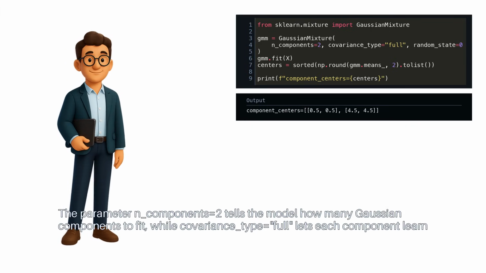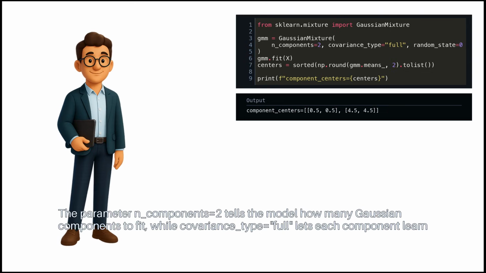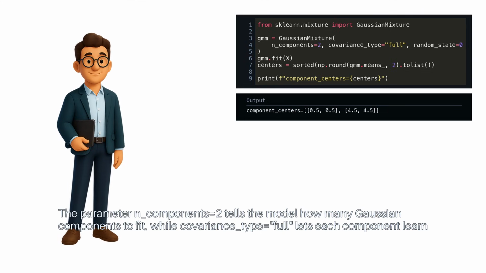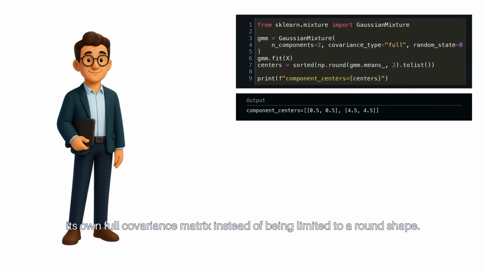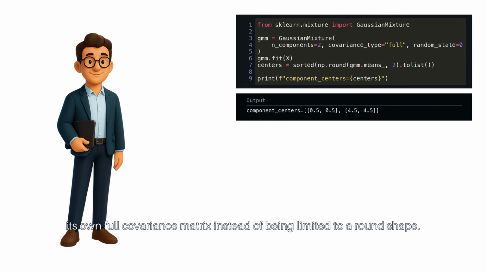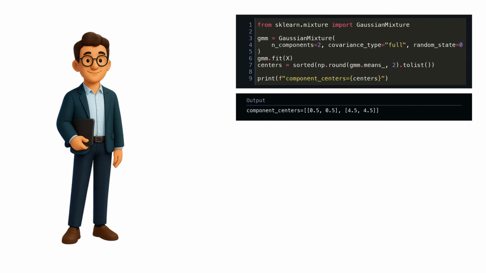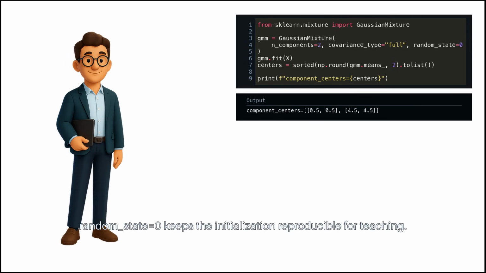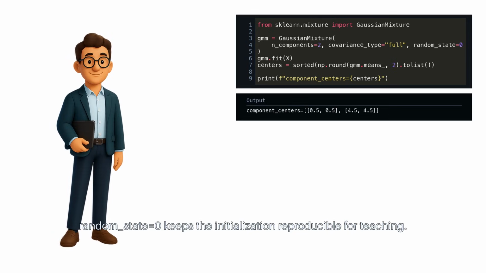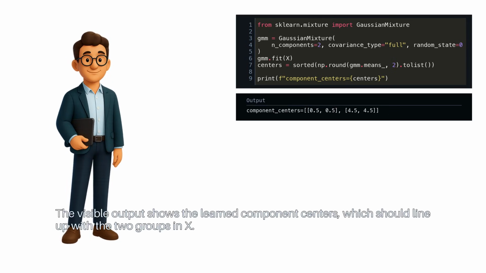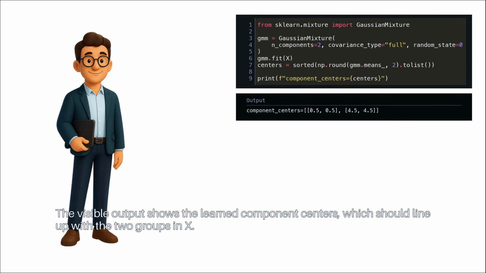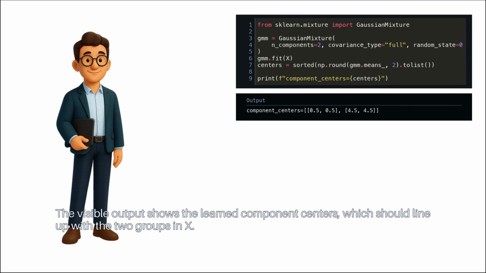The parameter n_components equals 2 tells the model how many Gaussian components to fit, while covariance_type equals full lets each component learn its own full covariance matrix instead of being limited to a round shape. random_state equals 0 keeps the initialization reproducible for teaching. The visible output shows the learned component centers, which should line up with the 2 groups in X.